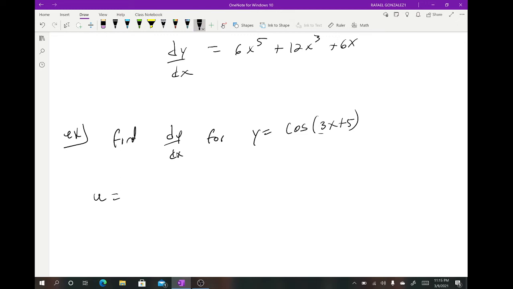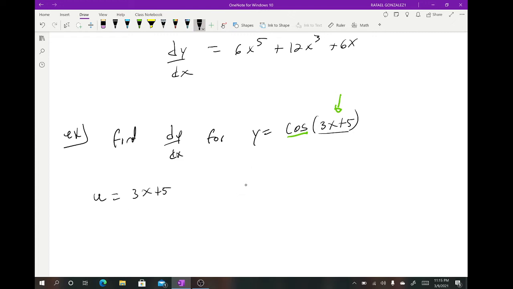The inner function is 3x plus 5. You should get into the habit of looking at what's in cosine. It is a function on its own, and it takes in x values or theta values. And on the inside, I have a linear function, which is 3x plus 5. So that's how you tell which one is going to be the inner and which one is going to be the outer. So the inner function is u, that's 3x plus 5.